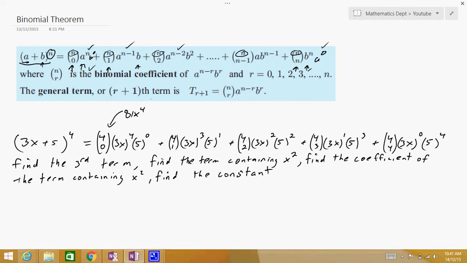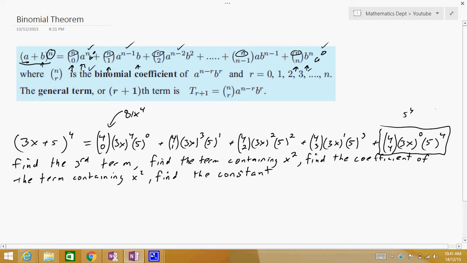Your constant is the only one that has x to the power 0. So it is the one that only has a number. So for instance, this one is equal to just 5 to the power 4. There are no x's involved, and that's why this is called your constant.